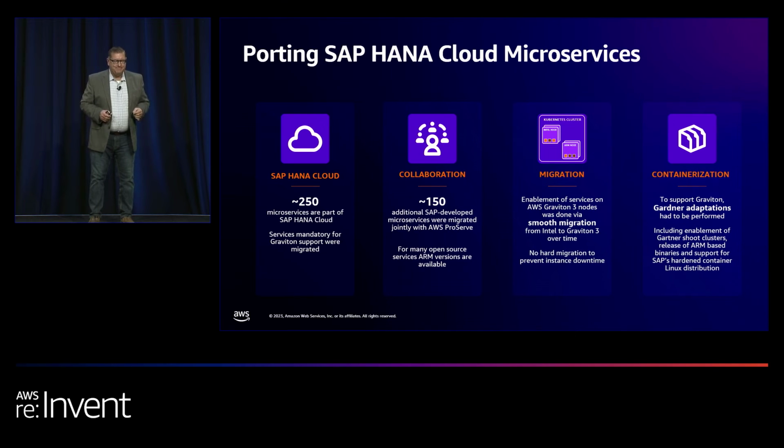And from a containerization perspective, we had to do the Gardener adaptation. Gardener is the Kubernetes project that's part of SAP's Kubernetes project, so adaptations had to be performed. This included working closely with the SAP HANA Cloud engineering teams and the SAP Gardener teams, and included the enablement of Gardener Shoot clusters, the release of ARM-based binaries, and support for SAP's hardened container Linux distribution, Garden Linux.